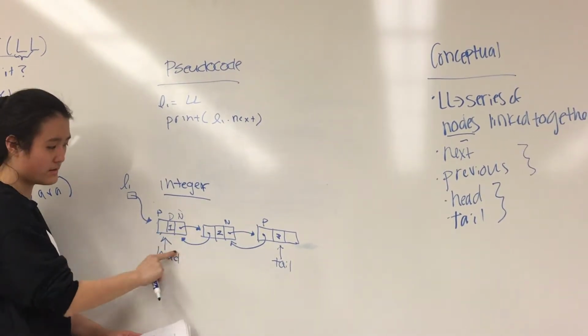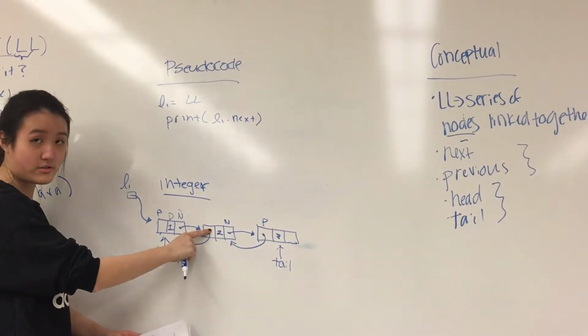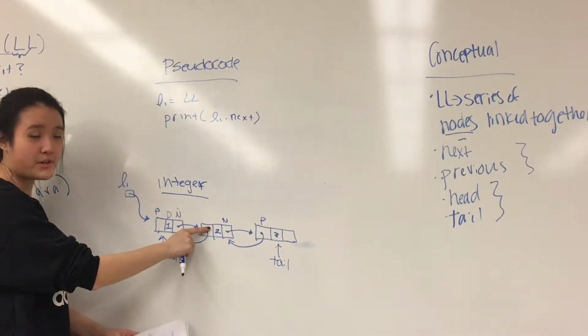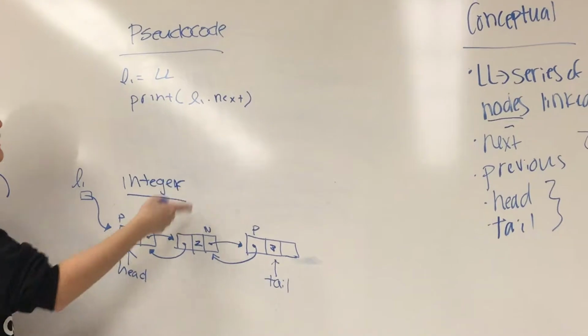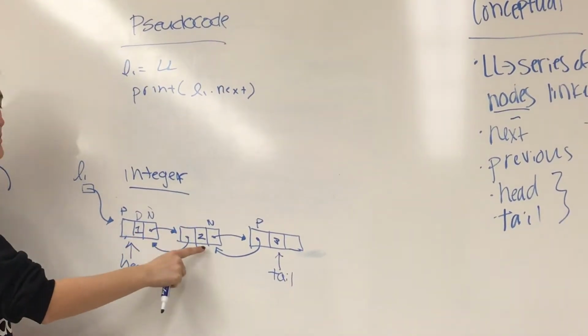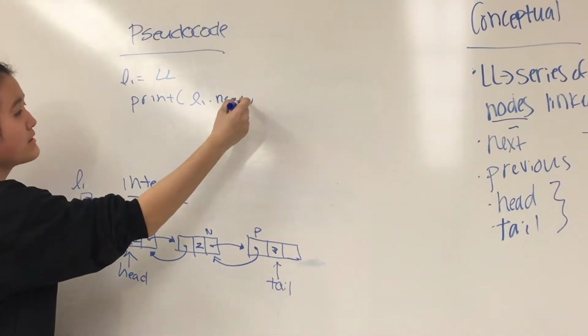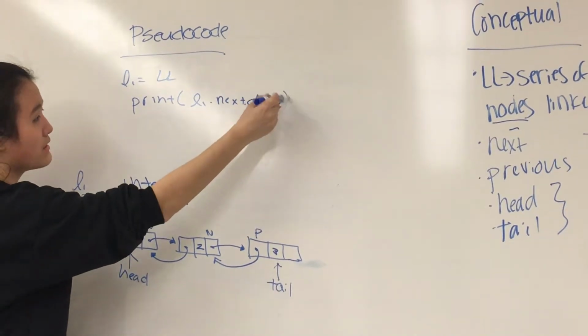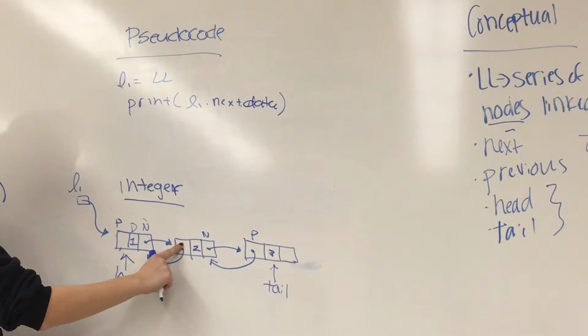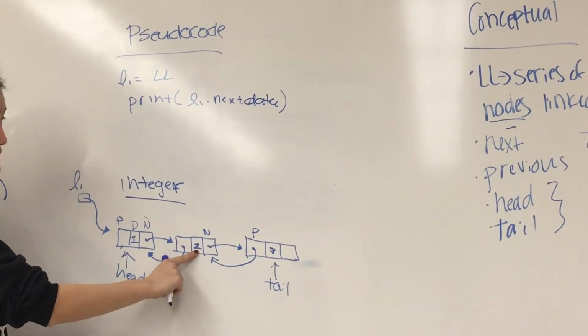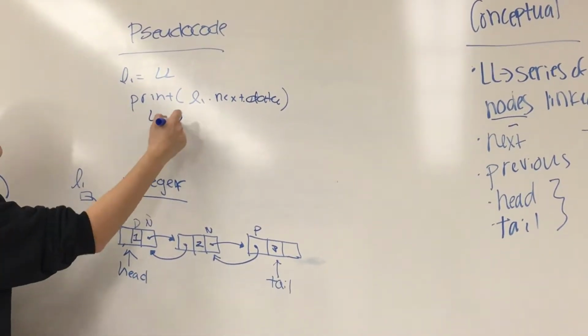My finger's pointing at the next node, and because I don't want just the node back, I want the actual data back, I'm going to say dot data. So L1 dot next dot data is going to be 2. So print would actually give 2.